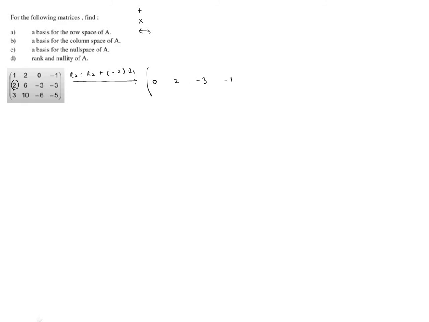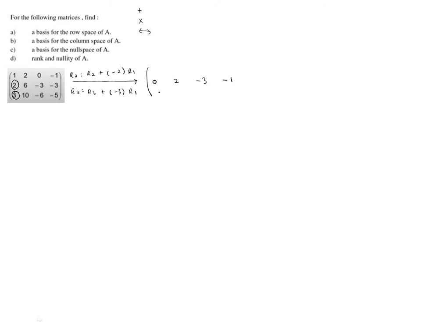Okay, kita teruskan. I want to change this entry 3 also into 0. So we want to change R3. So still we can use the first row. So R3 plus negative 3 multiplied by R1. Because this is 3. So multiply lah negative 3. Tadi kat sini 2 multiply by negative 2.